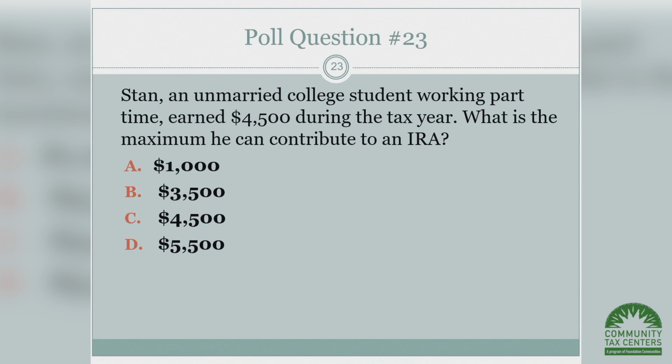Do I see a hand? Yes. I'm sorry? It doesn't say his age, so does that make a difference? College student, you know, we would assume that it would be a young person.